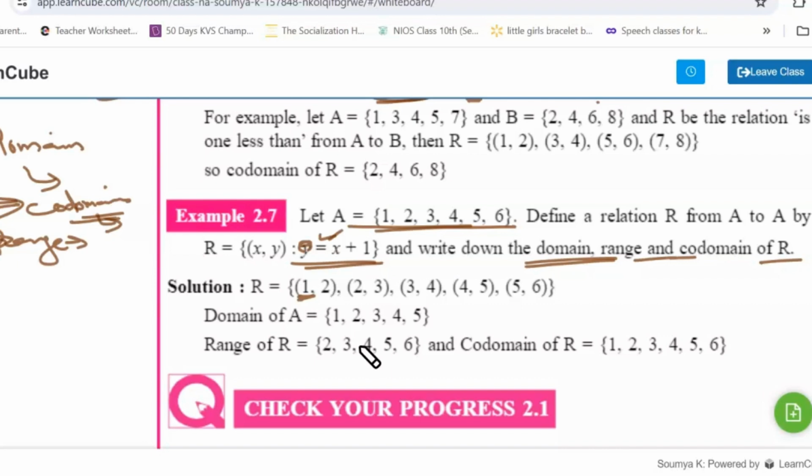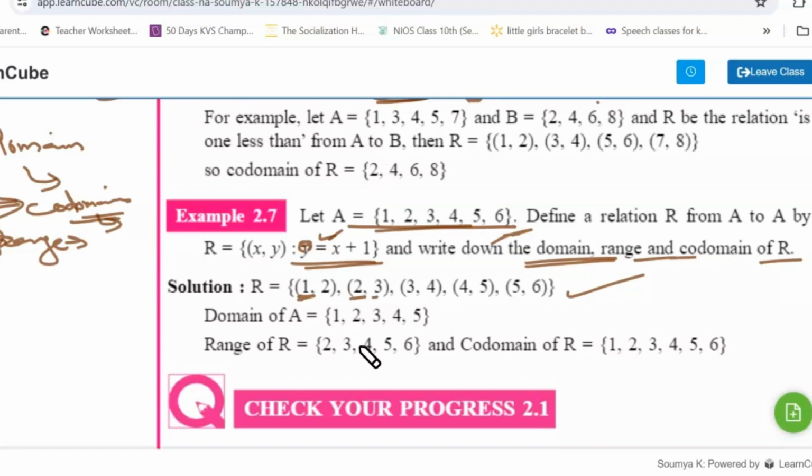So element is 1, the next element will be 1 plus 1, that is 2. Then 2, 3; 3, 4; 4, 5; and 5, 6. 6, 7 is not possible because 7 is not in the given elements. These are the relations that are defined.